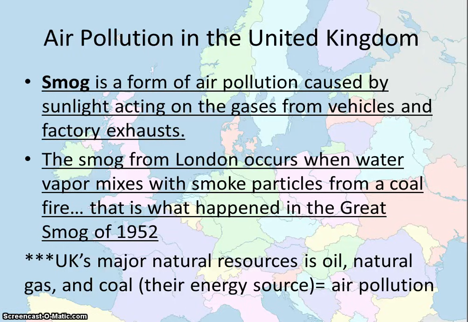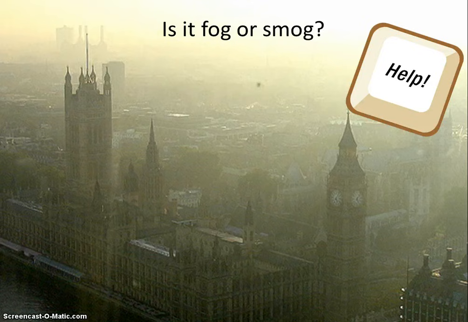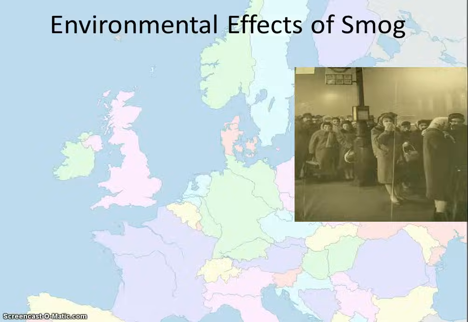And that's how that country has its energy source, but the downside is it's caused a lot of air pollution for them. And again, you see from the picture, is it fog or smog? You see pictures of London, and it's usually pictured with an overcast, but they've also had a big issue with smog. And the question is, is it more fog or smog?